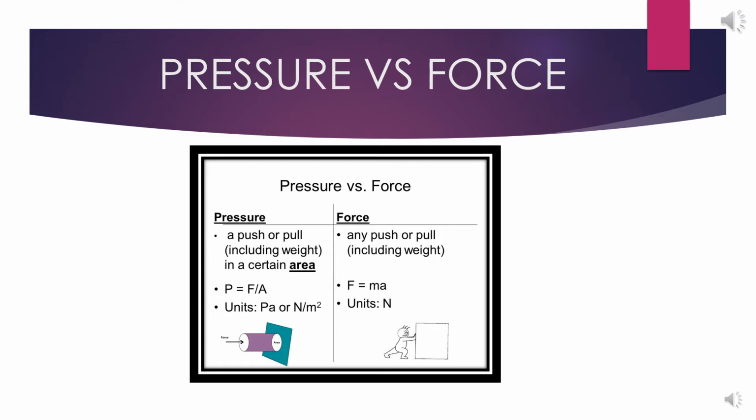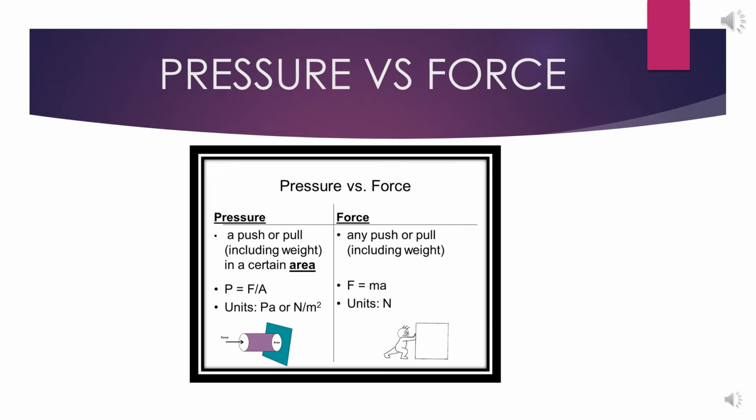Before going to the next slide, let's understand why P = F/A. So beta, this formula reveals that pressure P is inversely proportional to A, that is area. What does it mean?